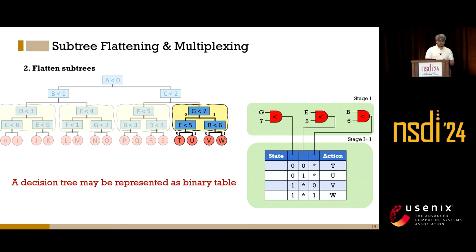So for this reason, we make use of a binary table that is keyed by the outputs of the mux ALUs in the subtree. Note that in addition to the outputs of the mux ALUs, the table is also keyed by a state. This state is tagged along the packet in its metadata, and it's used for tracking which subtree the packet originated from in the previous level.